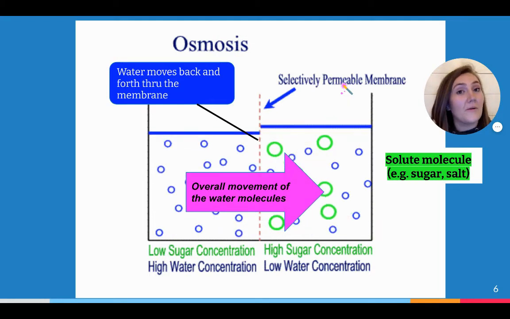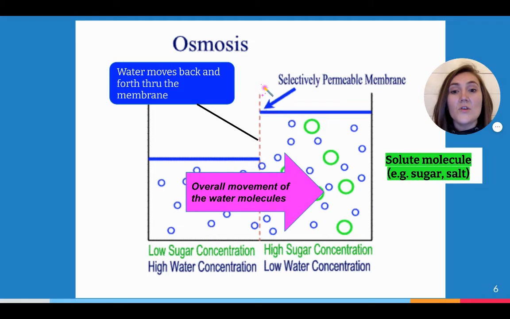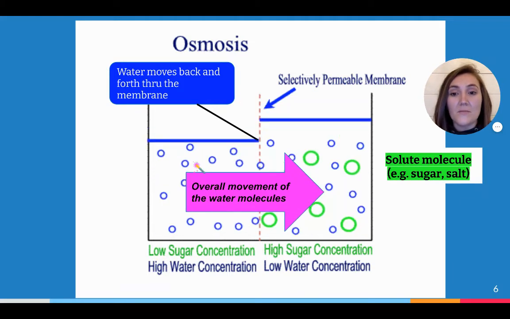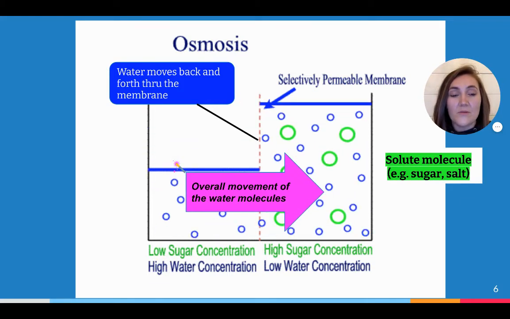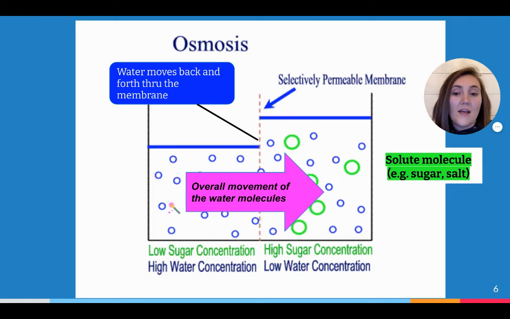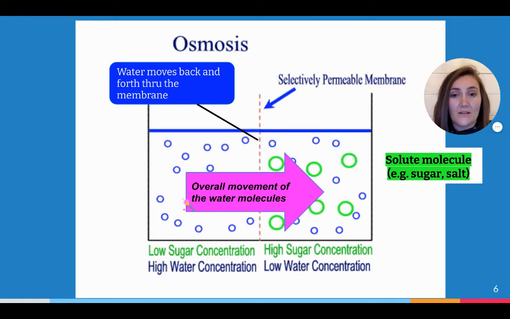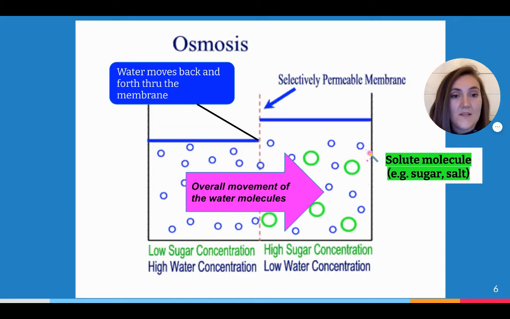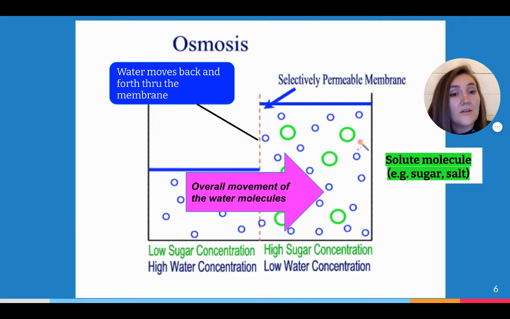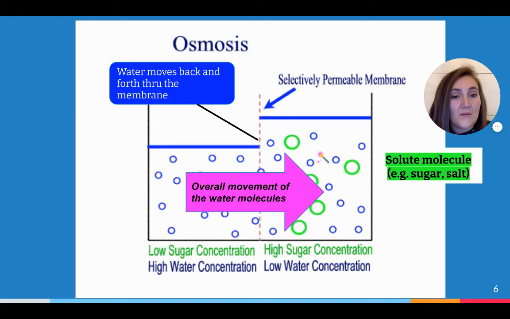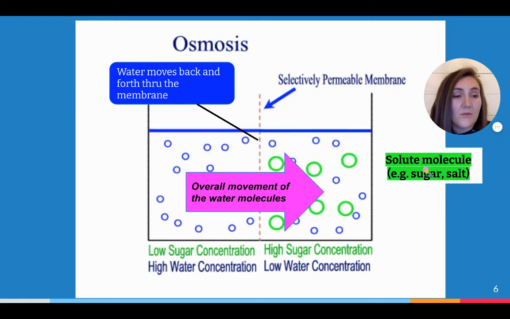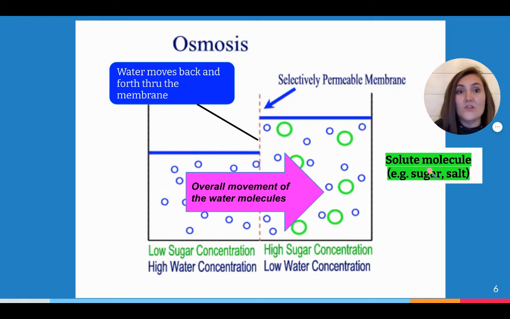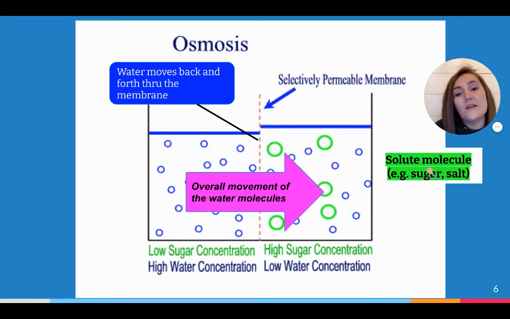In this case, water molecules only. On the left, we have some of these smaller blue dots. These are representing water molecules, and we don't see anything that's green on this side. If we look on the right side, we see that there are also water molecules and some green ones too. These green larger molecules represent a solute molecule, such as sugar, salt, or electrolytes.